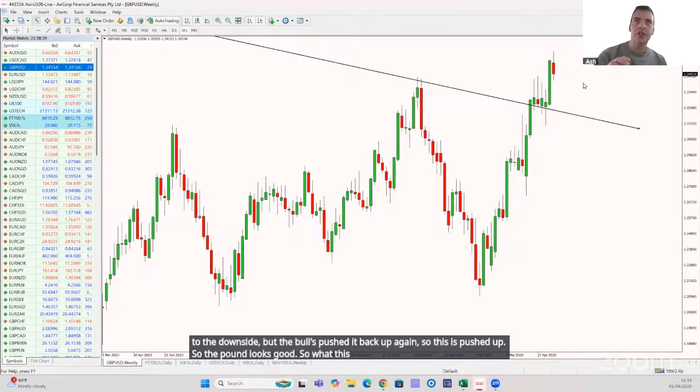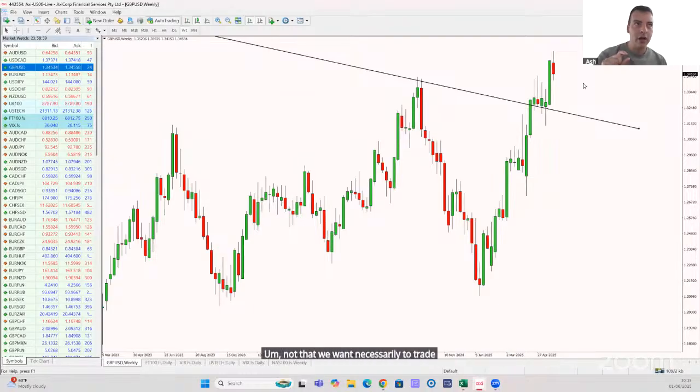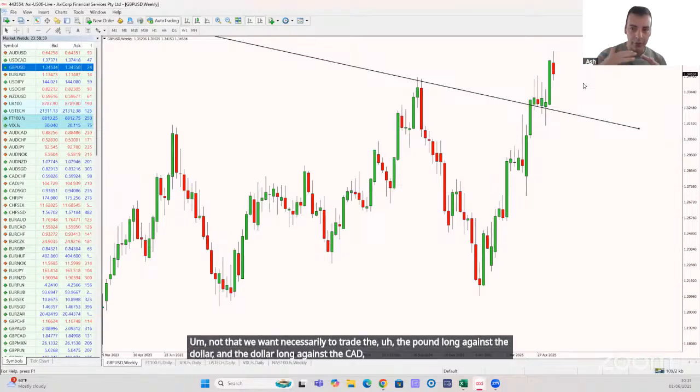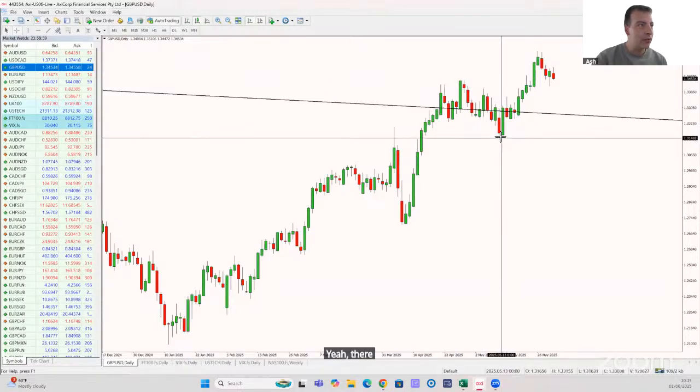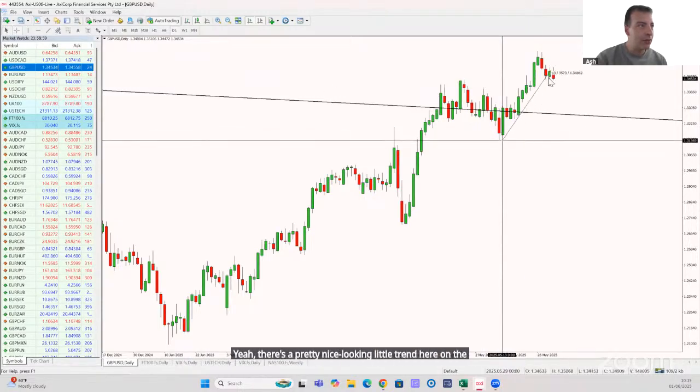So what this is saying is, not that we necessarily want to trade the pound long against the dollar and the dollar long against the CAD, but we want to put the pound CAD together and say pound CAD long is what the technical picture suggests. Let's have a look at the daily. Yeah, there's a pretty nice looking little trend here on the daily as well.